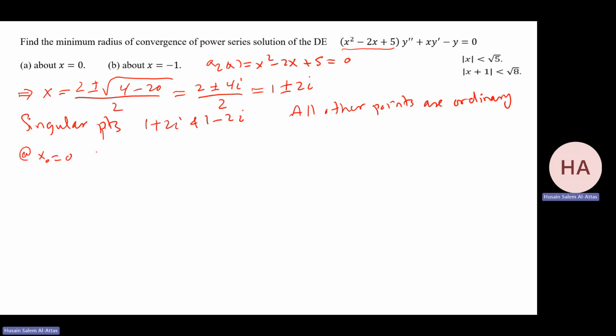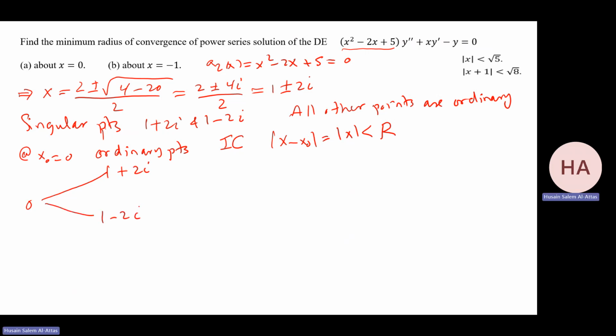x0 is very clearly ordinary. What will be the interval of convergence? x minus x0, which is 0. So I have absolute value of x less than capital R. How to find R? I need the distance between 0 and 1 plus 2i, and 0 and 1 minus 2i.